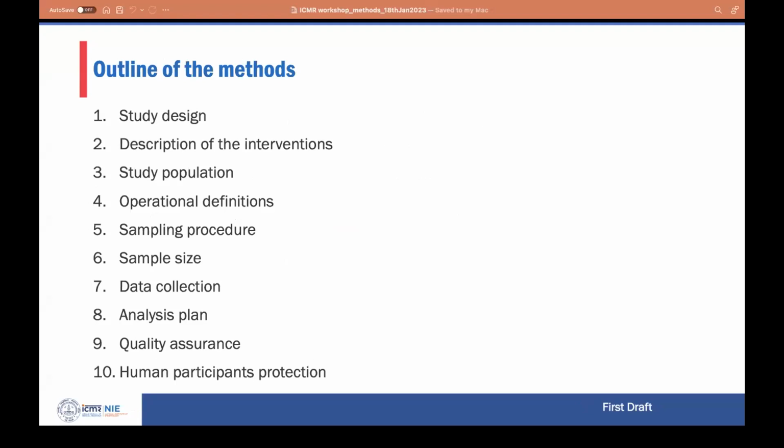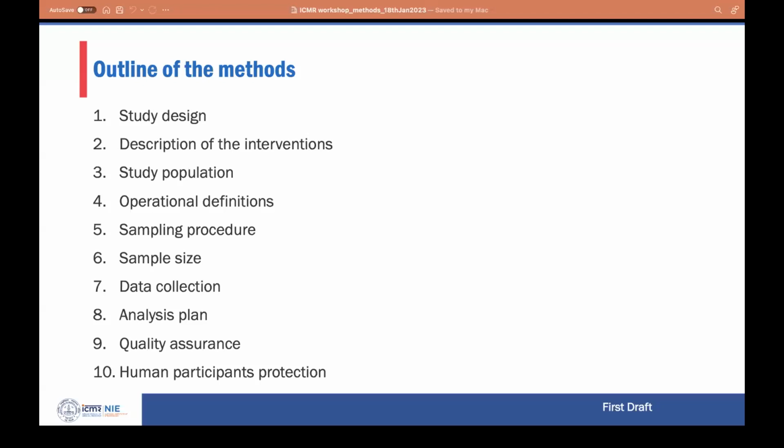As you can see here, there are 10 sections, starting with the study design. If you are doing an intervention study, there will be a section on description of interventions. Then study population, operational definitions, sampling procedure, sample size, data collection, analysis plan, quality assurance, and human subject protection.